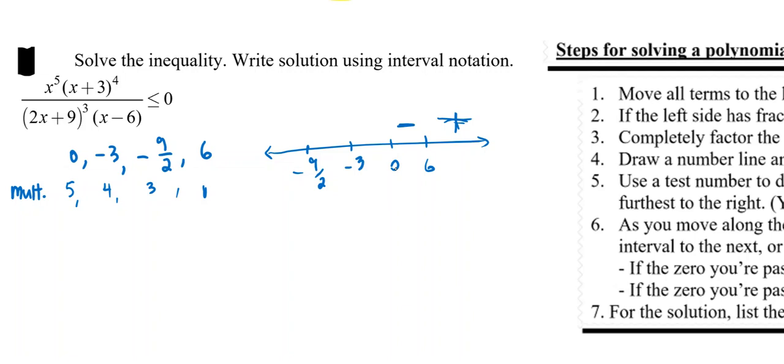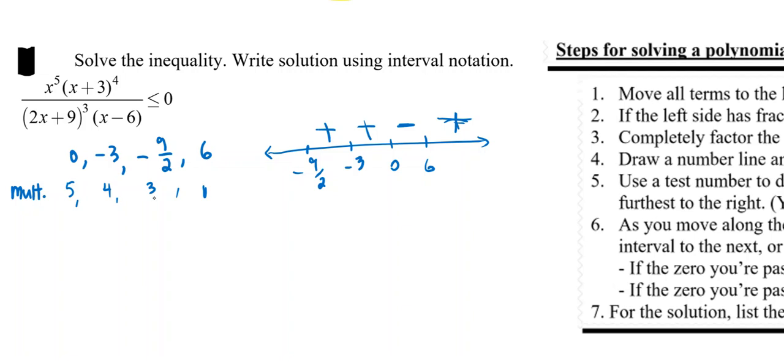And you do the same thing for the next number, 0. 0 has multiplicity 5, odd, so you write the opposite of this sign. It becomes plus, it changes. -3 came from here, even multiplicity, so plus, even Steven, stays the same.